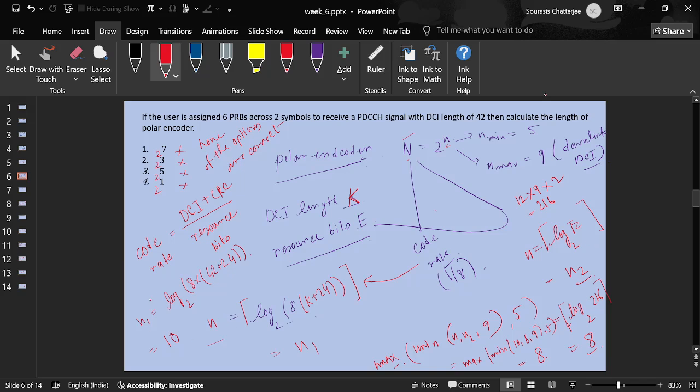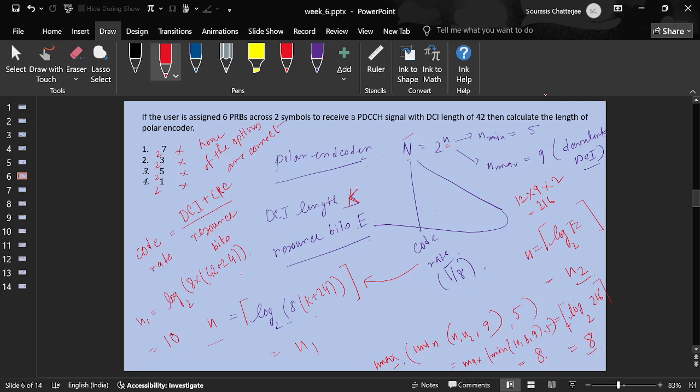This is the number n we get if we only consider the dependence of the polar encoder on the code rate. So we have this 42 plus 24 CRC appended DCI length, and we need a mother code rate of 1 over 8.